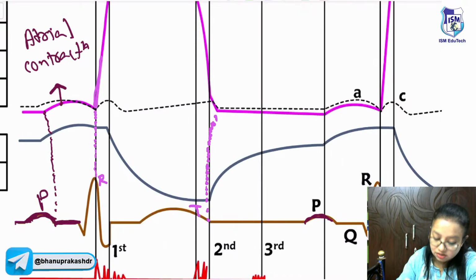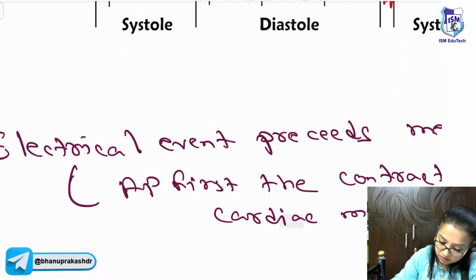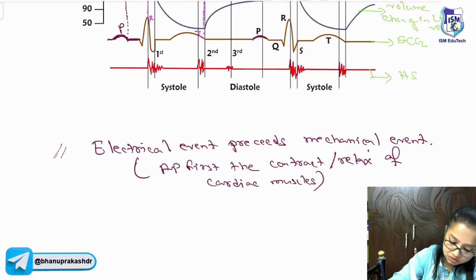So from here, what are the points that we can write? One by one, we will write the points as we go on understanding.